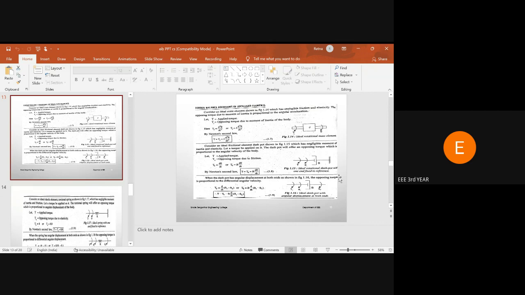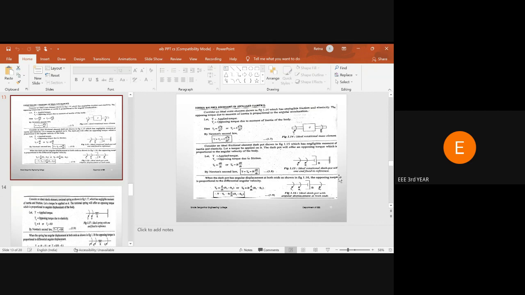Applied torque T and opposing torque due to moment of inertia of the body are equal to Tj. So Tj is directly proportional to d square theta divided by dt square. So by Newton's second law, opposing torque due to moment of inertia equals J into d square theta divided by dt square.